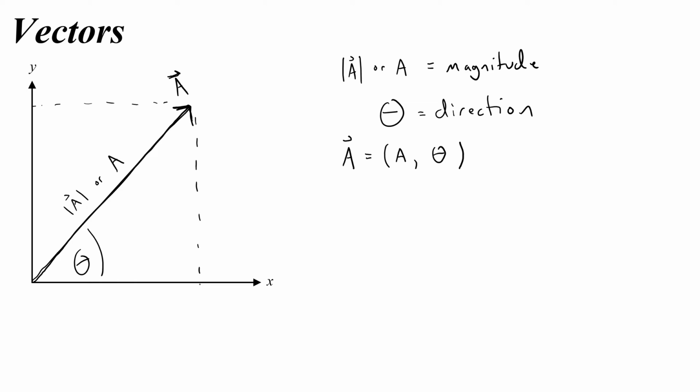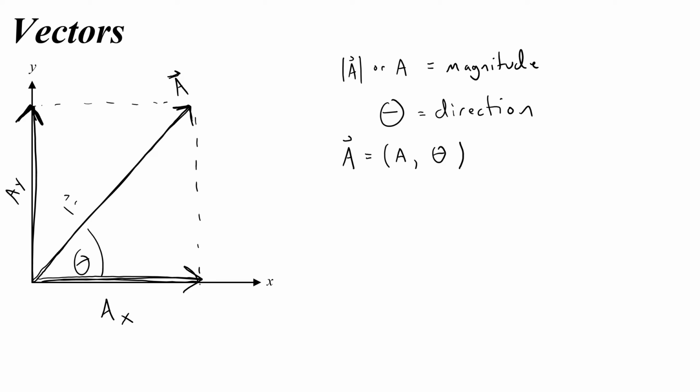But for vectors, what we say is that the vectors have components. And really there's going to be a vertical component, so a part of the arrow that points up. We would call this A sub y. And then a horizontal component that points right, because the arrow is pointing up and to the right. This horizontal component we would call A sub x.